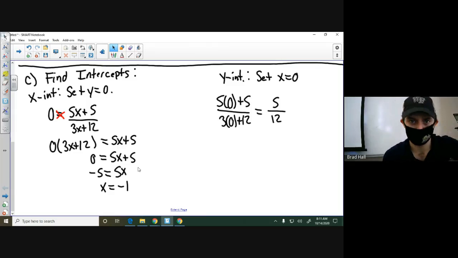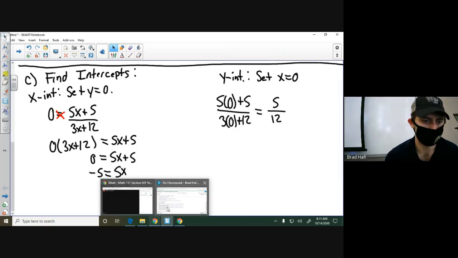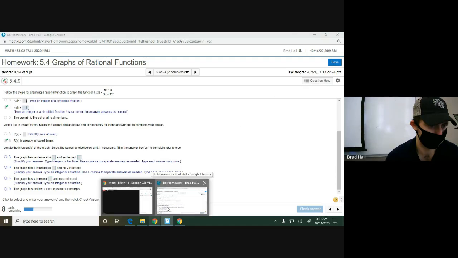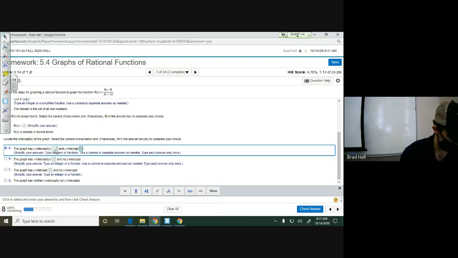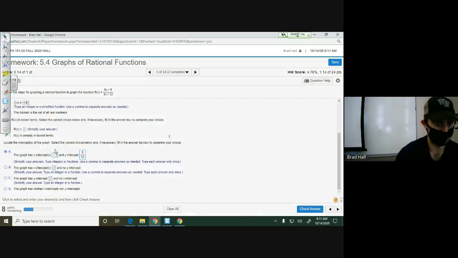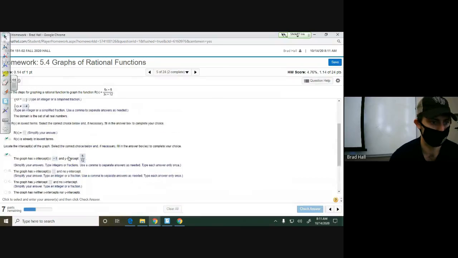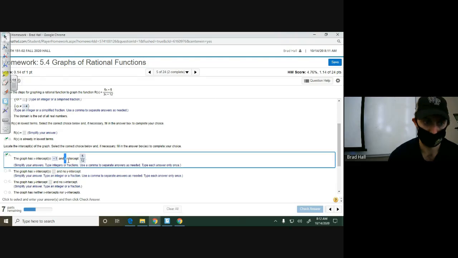So we get an x-intercept of -1 and a y-intercept of 5/12, it looks like. So let's go ahead and plug those in. And it says type integers or fractions, so we're just going to type in, like I said, -1 and 5/12. So those are the answers. Notice I'm putting -1 next to x-intercept, 5/12 next to y-intercept.